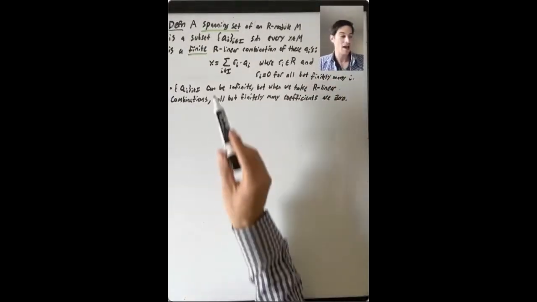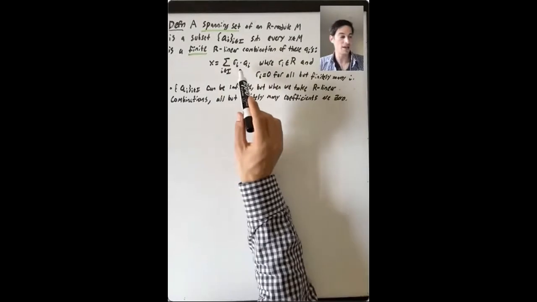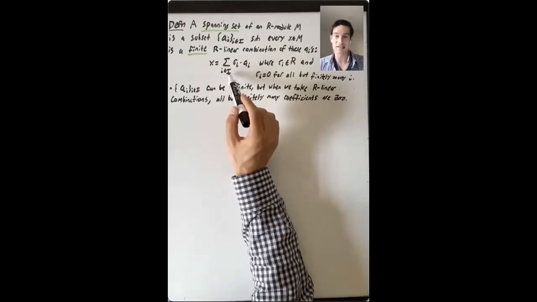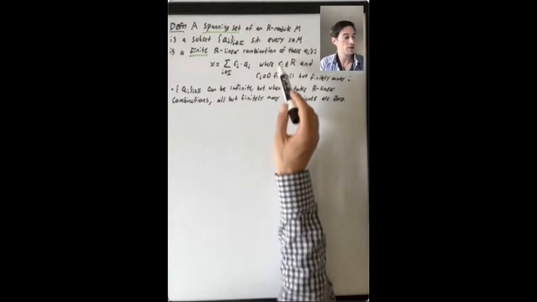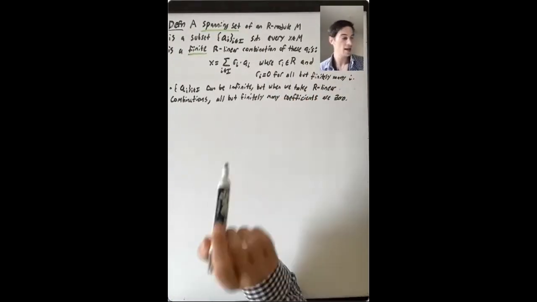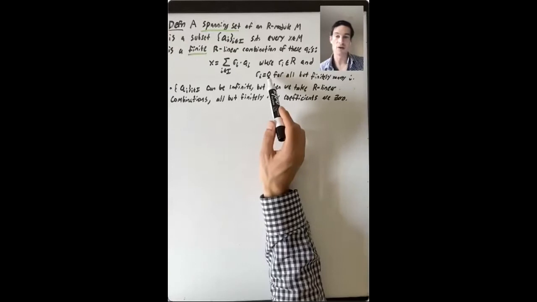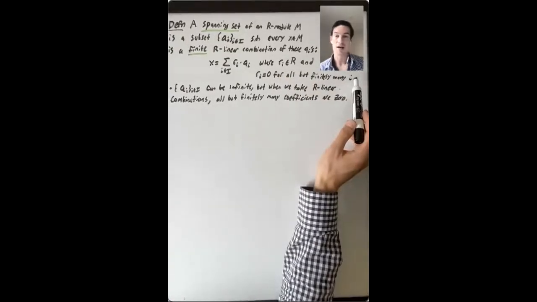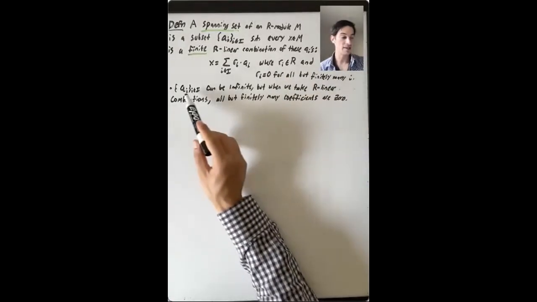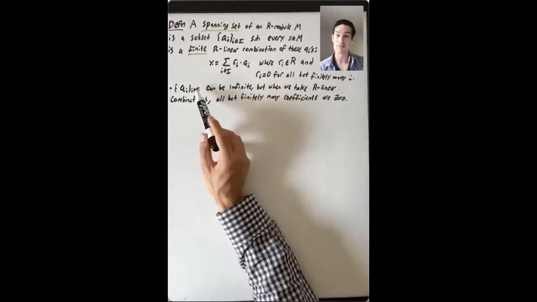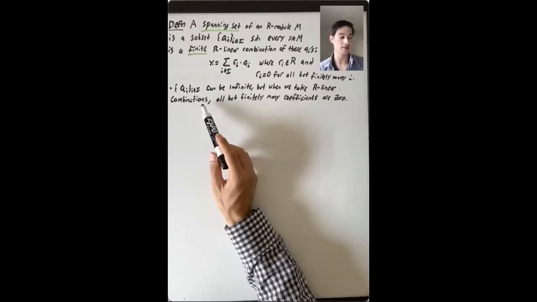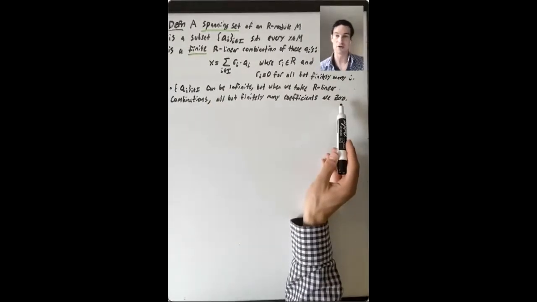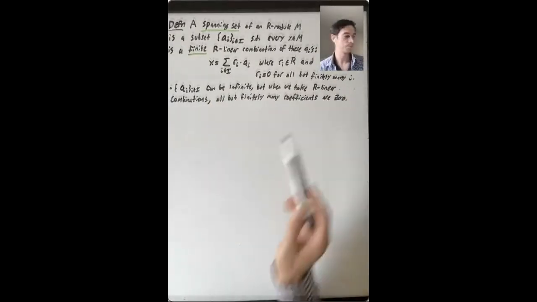That is, every x in M can be written as a sum over this index set I of r_i times a_i, where these r_i's all come from the ring, and r_i is 0 for all but finitely many of these i. That is, our spanning set can be infinite, but when we take our linear combinations, all but finitely many coefficients have to be 0.